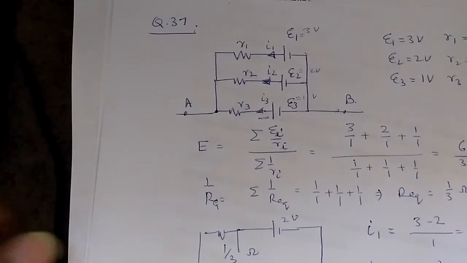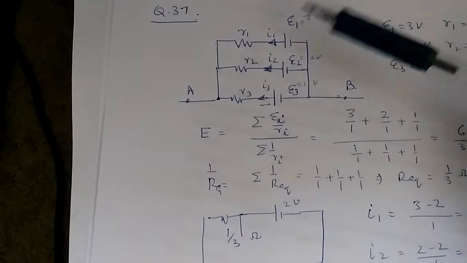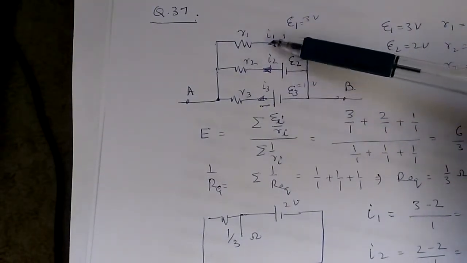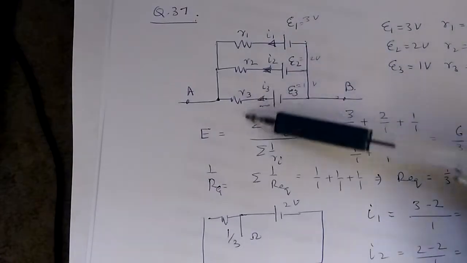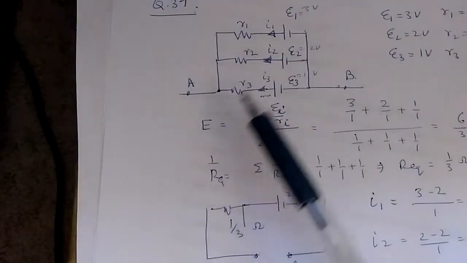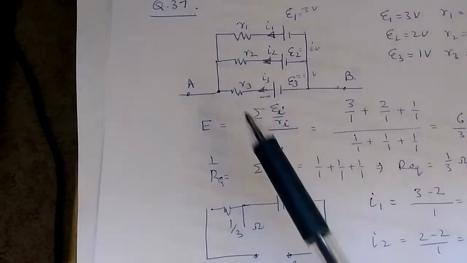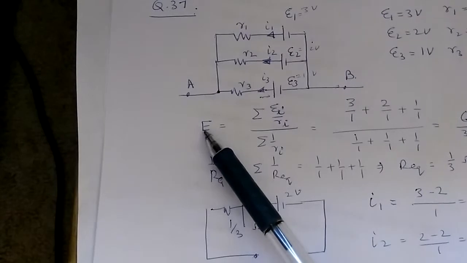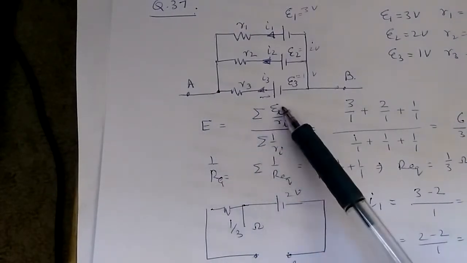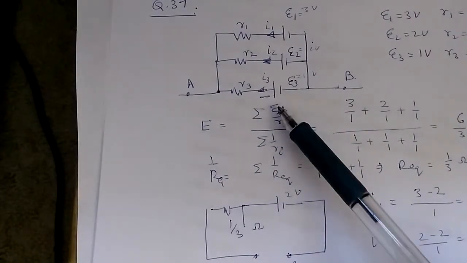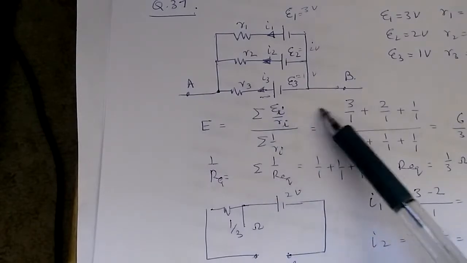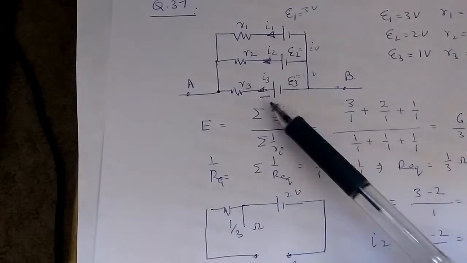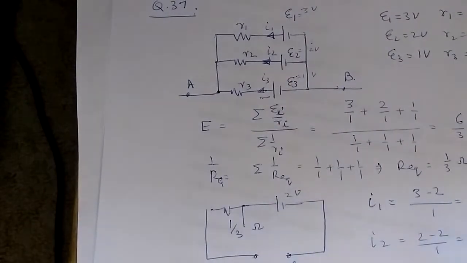And that rule says that if you have n cells, E1, E2, E3 with internal resistances R1, R2, R3, and so on and so forth, then this whole thing can be replaced with a single cell with equivalent EMF E given by sigma Ei divided by Ri, or E1 by R1 plus E2 by R2 plus E3 by R3, divided by sigma 1 upon Ri, or 1 upon R1 plus 1 upon R2 plus 1 upon R3.